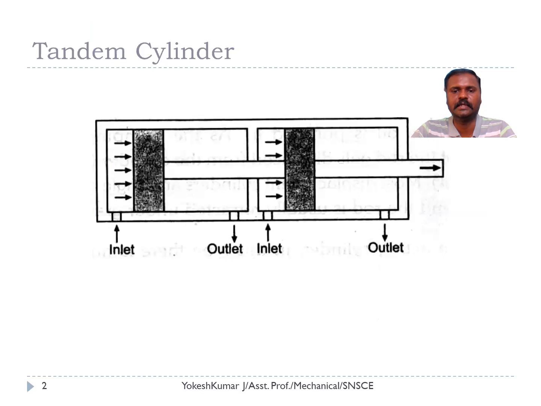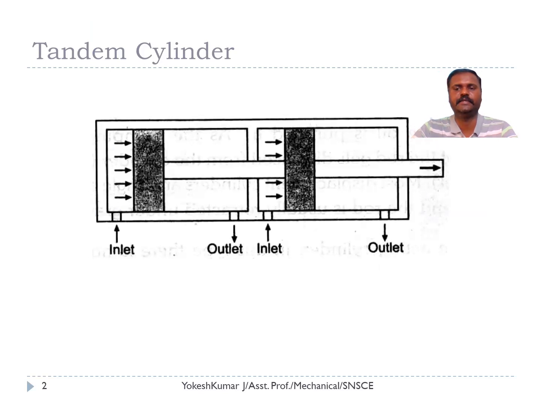So let us discuss the constructional features of the cylinder. First of all, how is this tandem cylinder differentiated from the other cylinders, that is, the single acting or double acting cylinder? In single acting or double acting cylinders, we have only one piston. But here in the tandem cylinder, we have two pistons which are connected on a common rod.